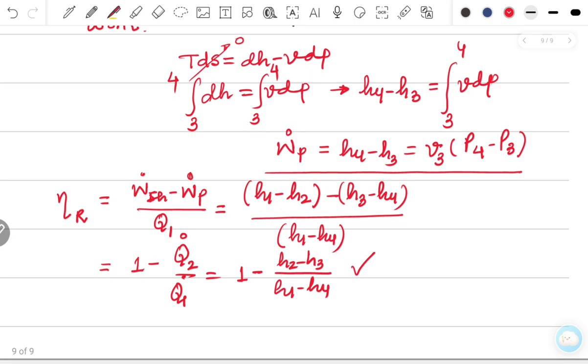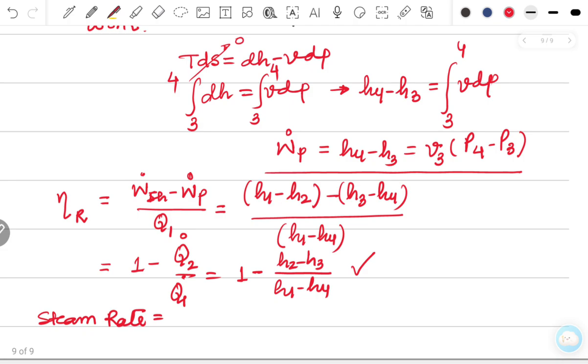But apart from this, there is one more important thing that is normally used in real practice in power plants, that is called steam rate. So what is steam rate? Steam rate is basically the capacity of steam.